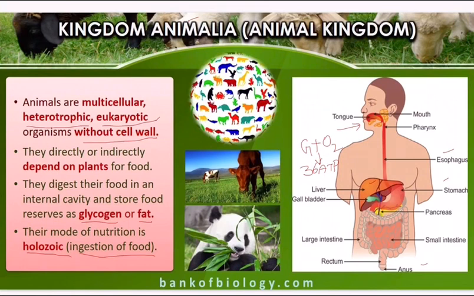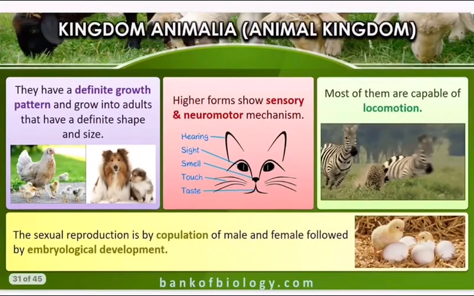So this type of mode of nutrition where steps are there, and at the end of it digestion takes place with excretion of the unwanted substances, is called holozoic. So kingdom Animalia, they have definite growth pattern and grow into adults that have a definite shape and size.